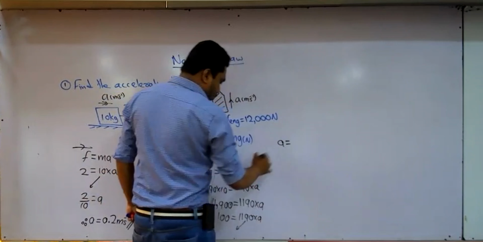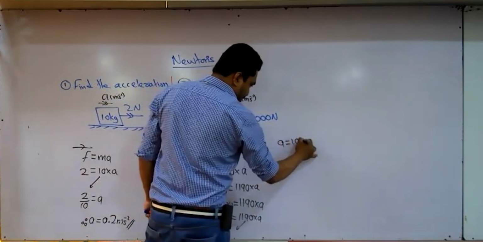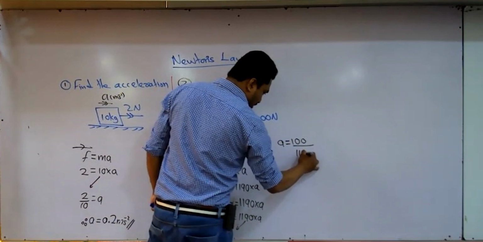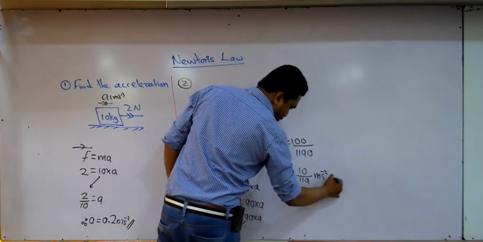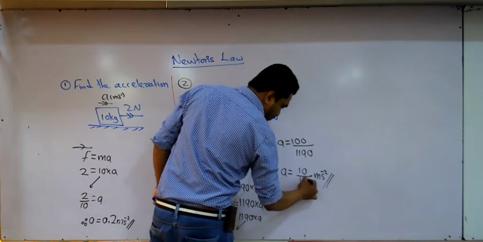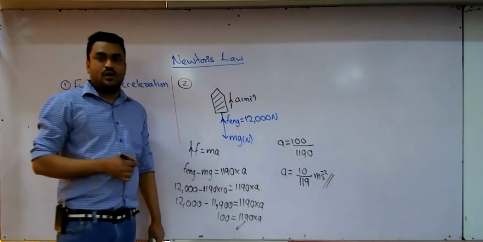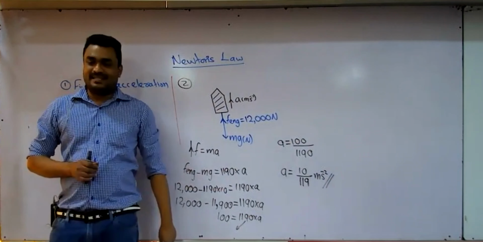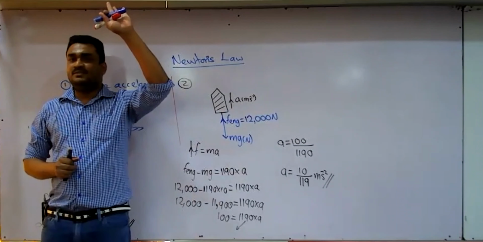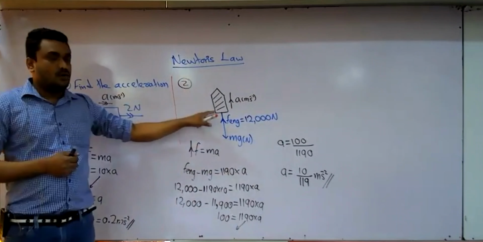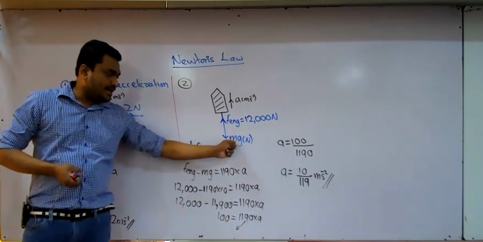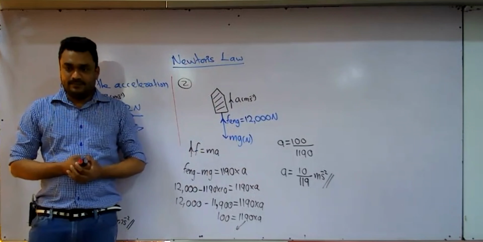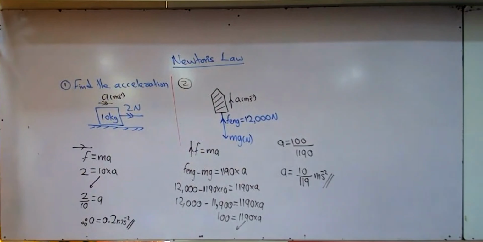Then you will get a equals 100 divided by 1,190, zero cancelled out. a equals 10 over 119 meter per square second. So you will get this kind of numbers in advanced problems. You will not always get 2 meter per second squared, 3 meter per square second like that. Who got this answer? So when a rocket question is given, if a rocket is moving up from the earth, do not forget this mg. Okay, dear? Complete.